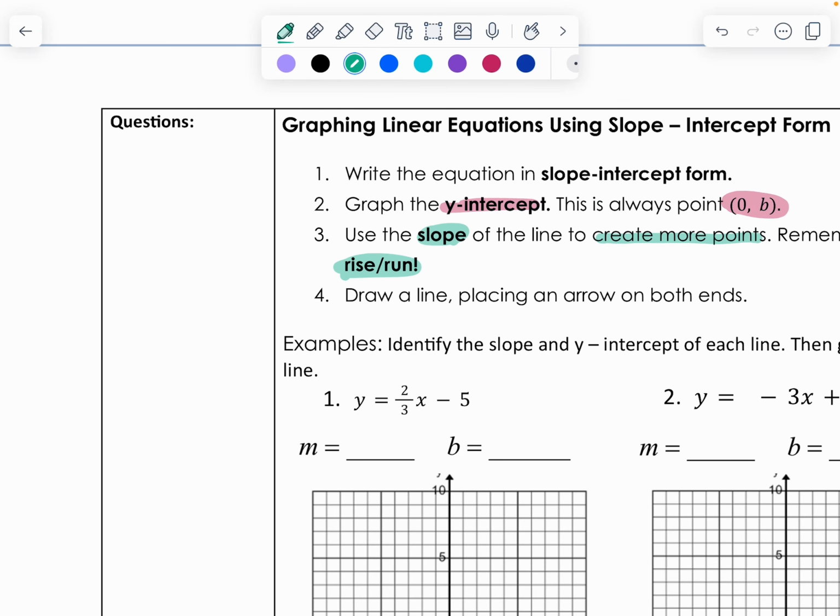So I'm going to write this note off to the side. The m equals rise over run. Remember that run is left and right, rise is up and down. Positive is up, negative is down, negative is left, positive is right.